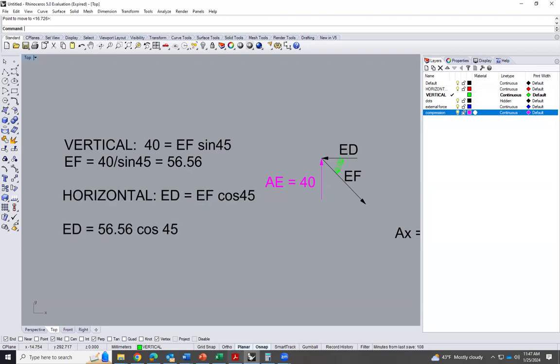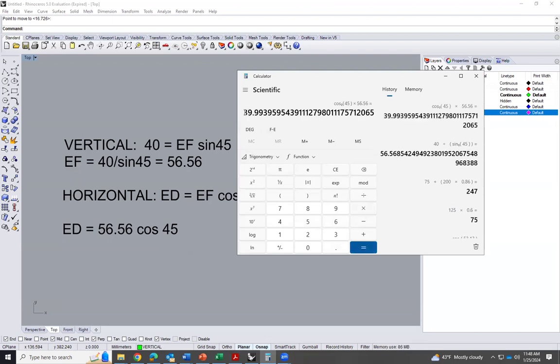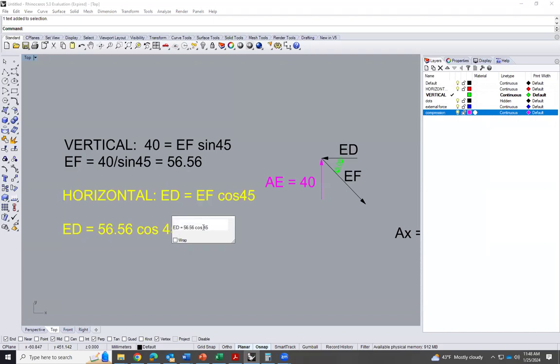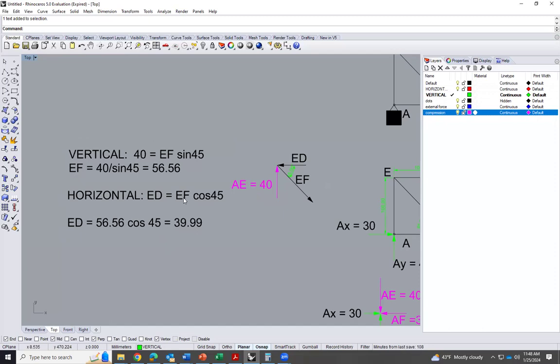So how much is it? 45 cosine, it's 0.7 times 56.56. This is 39.99. So that equals 39.99. So now we get EF and ED.